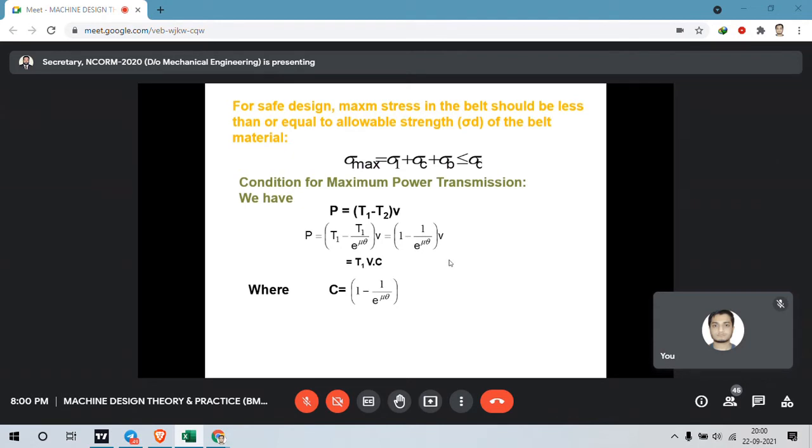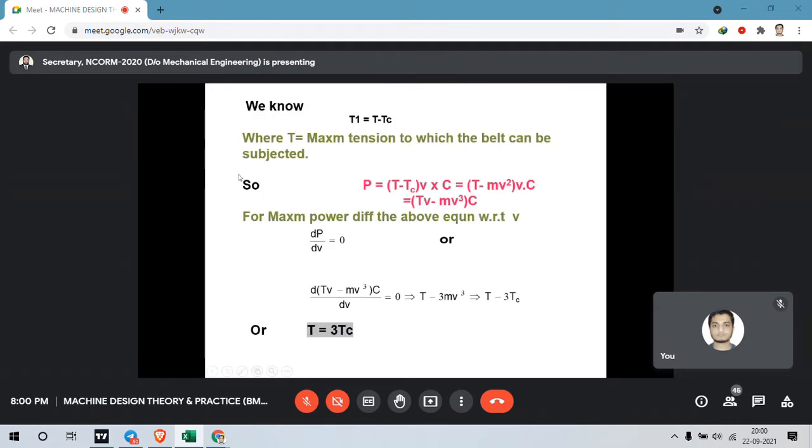You can write this equation P equals T1 minus T2 into V, or you can further modify it as P is equal to T1 V C, where C is equal to 1 minus 1 upon e to the power mu theta. So we put these values here, and it will come like P is equal to (T minus m v squared) v C.